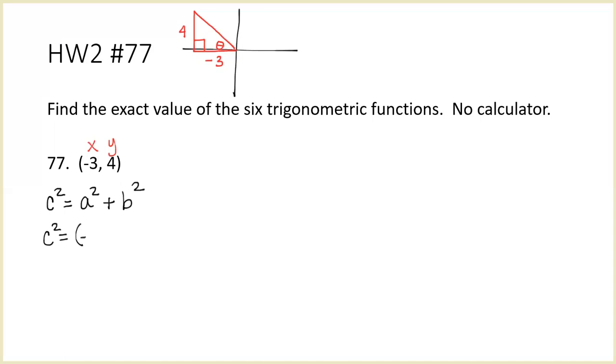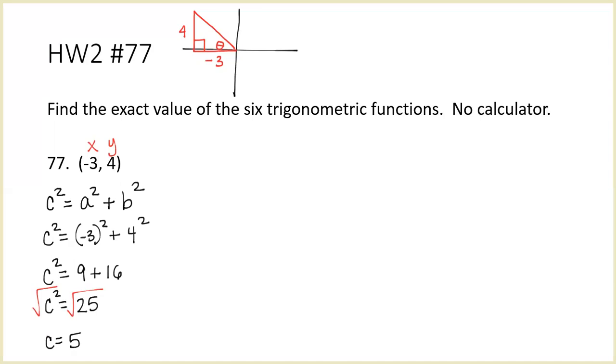So let's find c. -3 squared is 9. 4 squared is 16. That's 25. And if you take the square root, we get that c is 5.